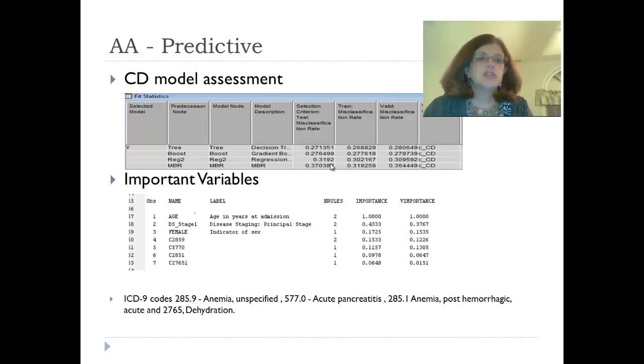In each of the cases, for each of the target variables, the decision tree had the lowest test misclassification rate, and those rates ranged from 0.27 to 0.29. For CD, the important variables we found included ICD-9 codes of anemia, pancreatitis, anemia related to hemorrhage, and dehydration.